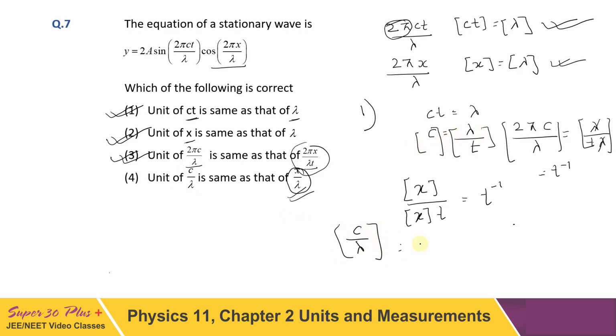So this will be equal to lambda upon t and then lambda in the denominator. This will give t inverse. Now 1 is unitless and this has the unit of t inverse, that is second inverse. So this one is not correct. 1, 2 and 3, these 3 options are correct.